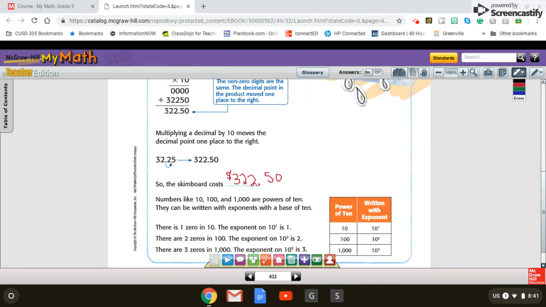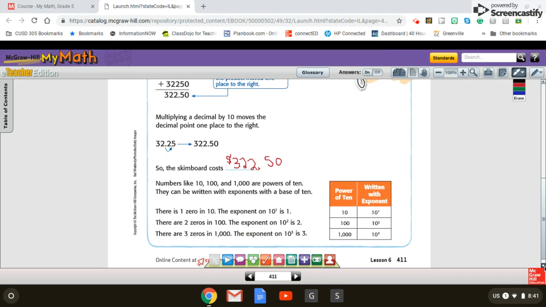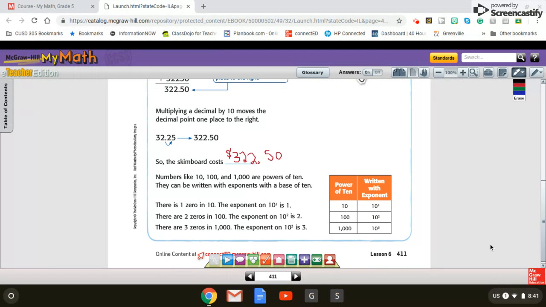Numbers like 10, 100, 1,000, and 10,000 are powers of 10, as I said at the beginning here. They can be written with exponents with a base of 10. Remember, the 10 is the same as 10 to the first power. There are 2 zeros in 100, so the exponent would be 2: 10 squared, or 10 to the second power.